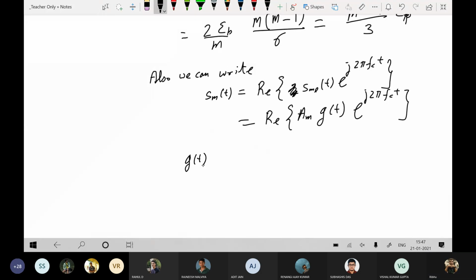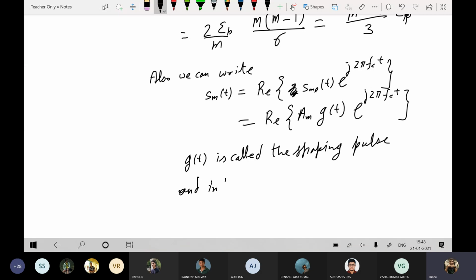g(t) is called the shaping pulse. g(t) is called the shaping pulse, and in this example and in general, g(t) equals, unless specified, not in general.